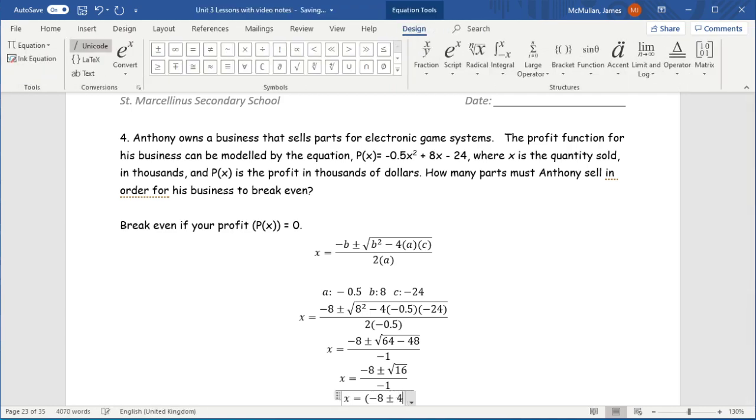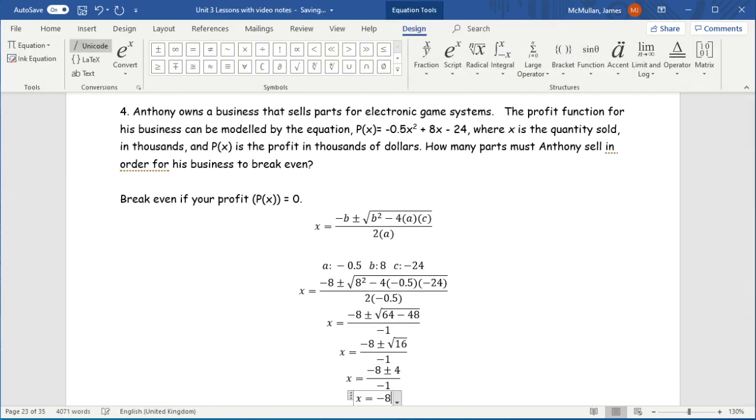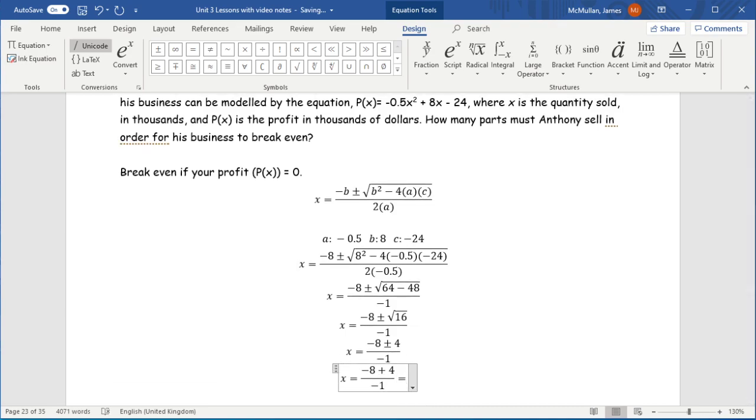Negative 8 plus or minus 4 divided by negative 1. So we get two answers. x equals negative 8 plus 4 divided by negative 1, which would be equal to positive 4. Or x would be negative 8 minus 4 divided by negative 1, which would be equal to 12.